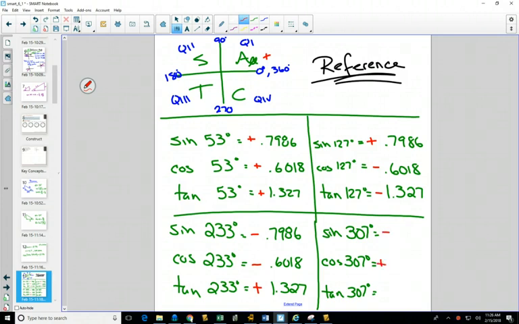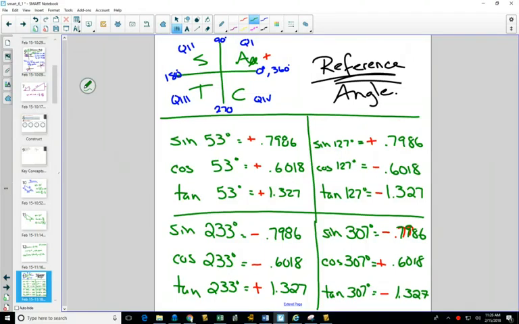Cosine is the one that's going to be positive. Sine and tan are going to be negative. And we have the same numbers again. And the key to this is something called a reference angle.